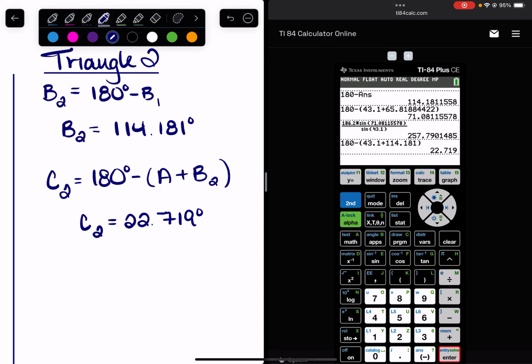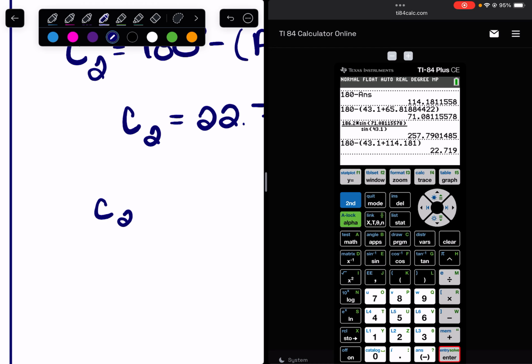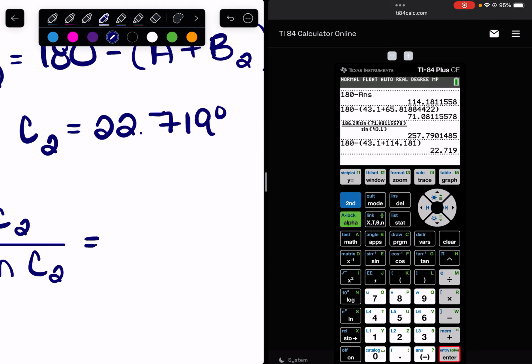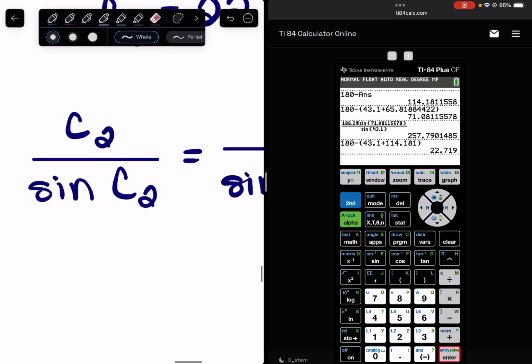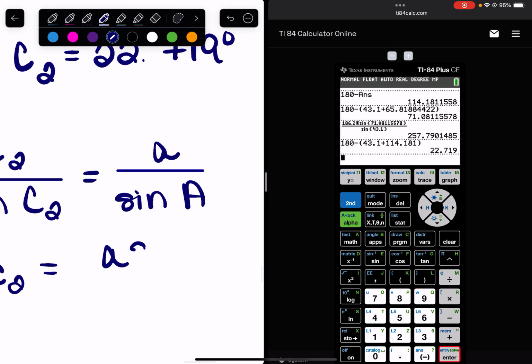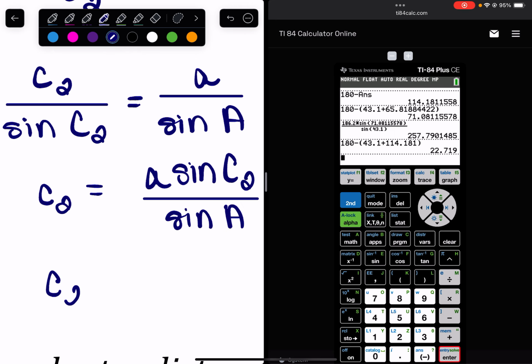All right, so then side C sub 2, so we got our angle B2, we've got our angle C2. Now side C sub 2, the ratio of it to the sine of this angle we just found is the same, and I'm going to stick with A because we already know that. Side A over the sine of angle A. So if we solve for C sub 2, we get that C sub 2 equals side A times the sine of the angle we just found, C2, over the sine of angle A. And we have all of these values in here so we can go to our calculator and get them typed in.